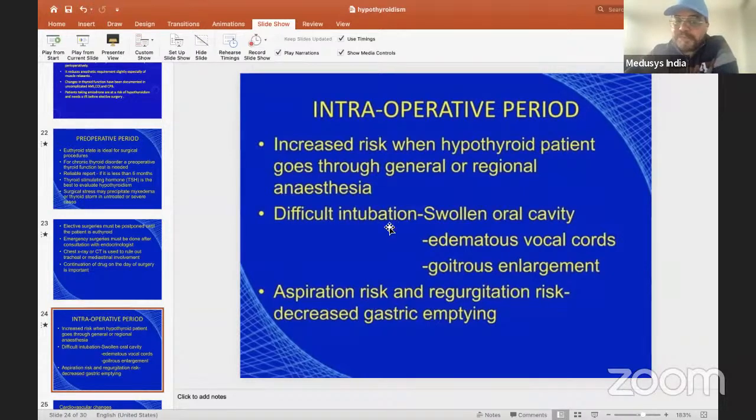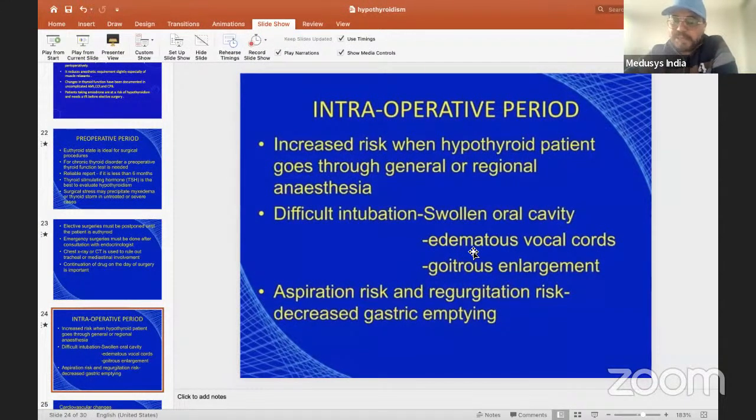Now, airway: difficult intubation. The patient may have a swollen oral cavity, edematous vocal cords, goitrous enlargement, large tongue. These all are risk factors for difficult intubation. When the patient is going for thyroid surgery with retrosternal goiter, you should always consider whether you can intubate this patient awake, with fiber optic intubation or with inhalation anesthetics.